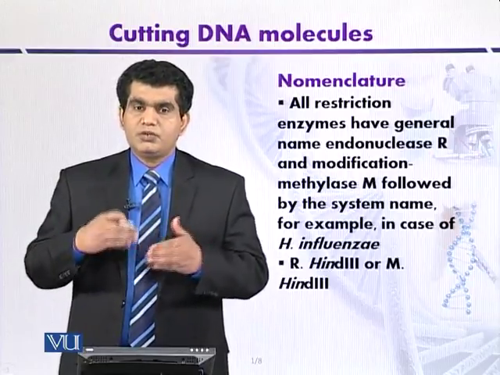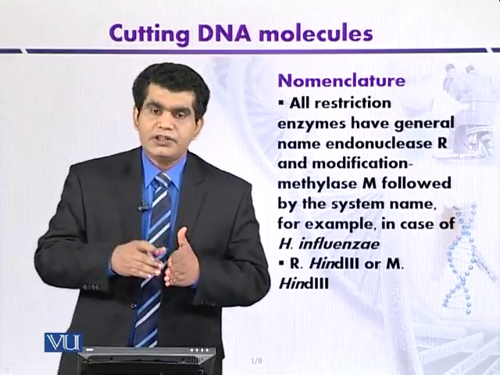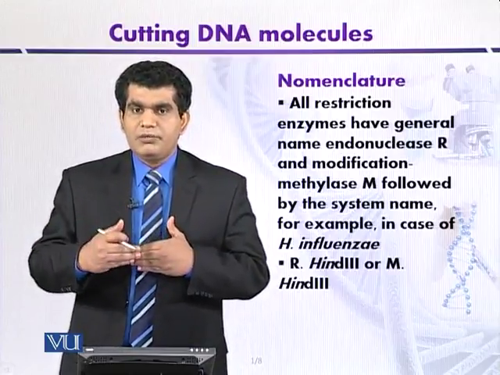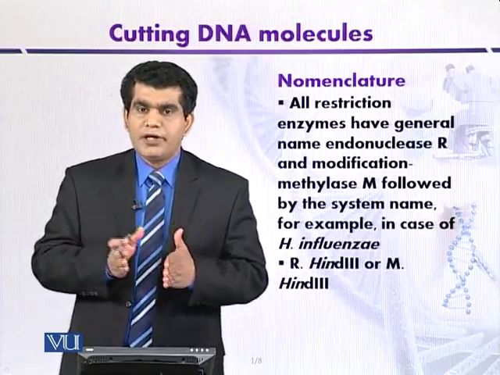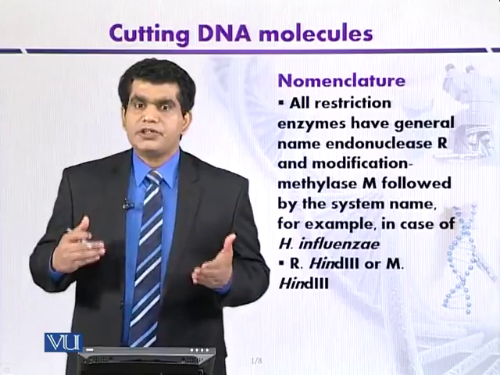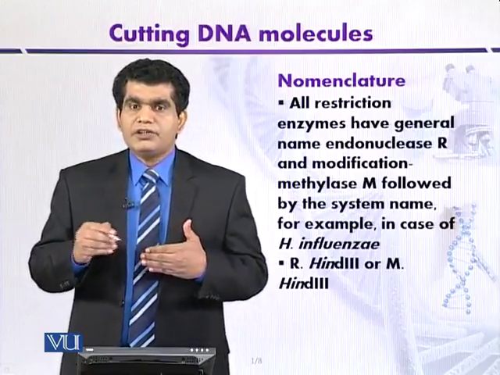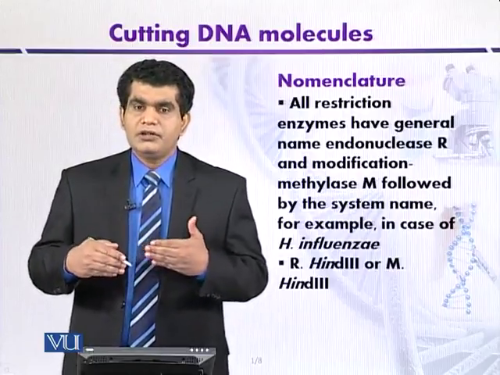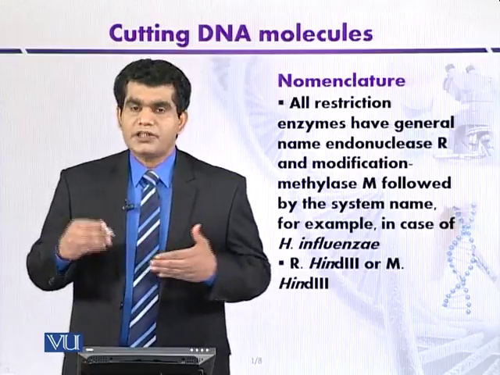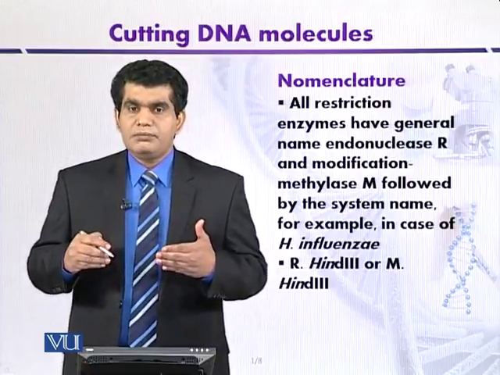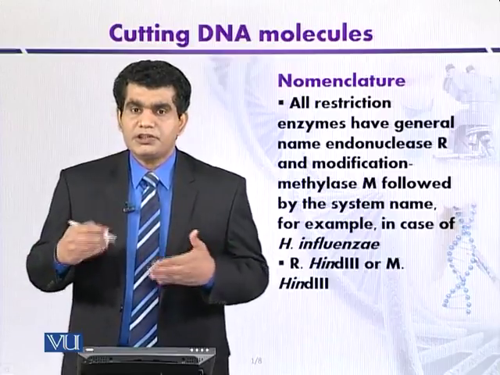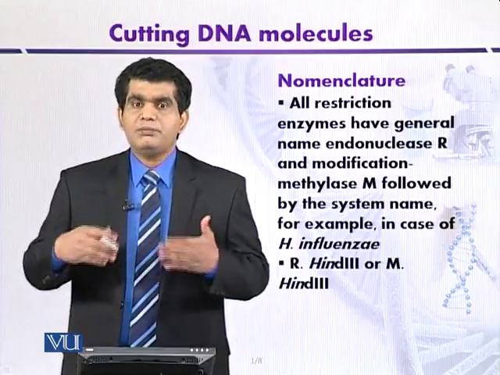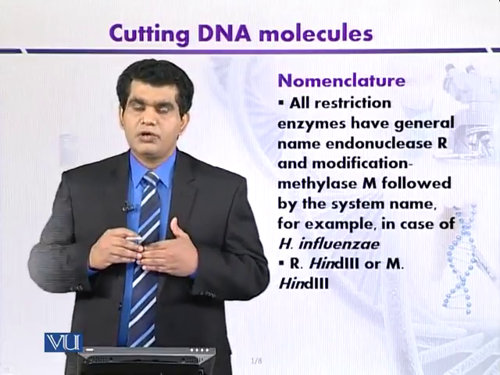So they may also be differentiated as to whether it is a restriction enzyme or a modification enzyme. After writing the full name, like HIND III, before it a letter R is added if it is a restriction enzyme, like R.HIND III. It indicates that this enzyme shows restriction activity, and if it is written as M.HIND III, it means that this enzyme shows methylation activity and plays a role in DNA modification.